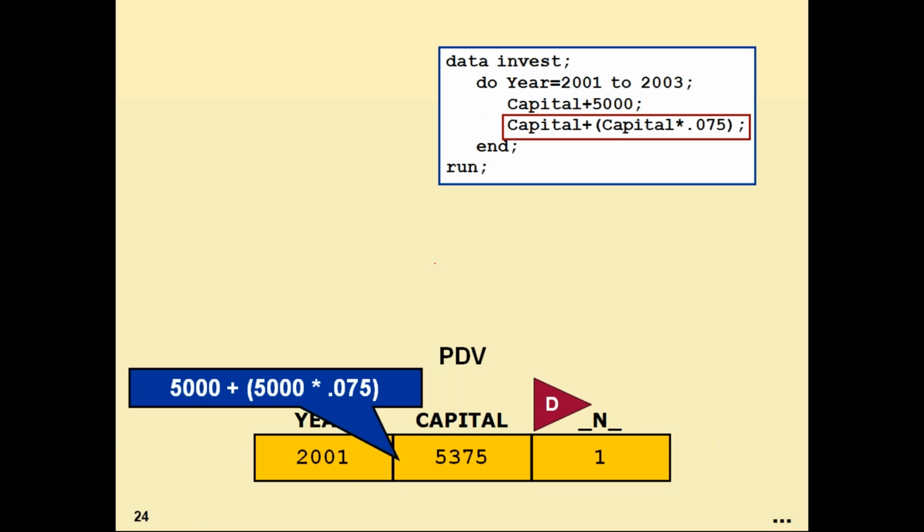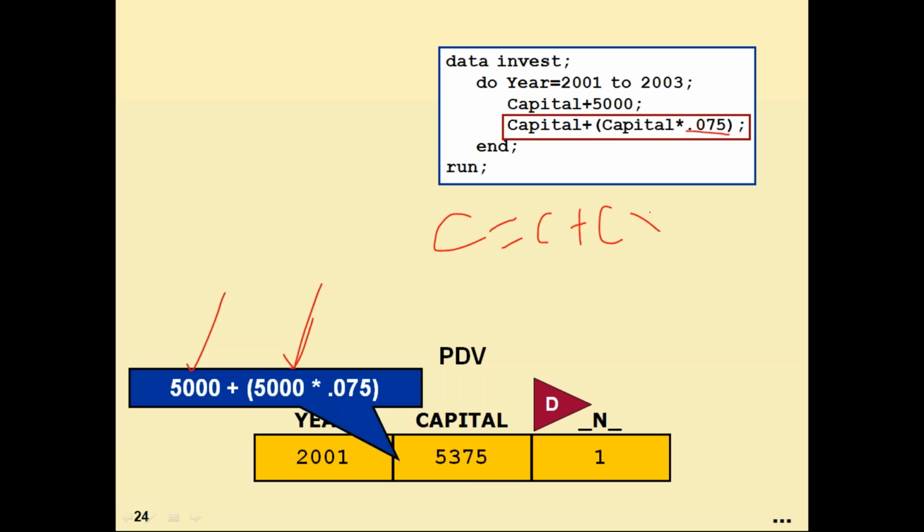Now when it executes the next SAS statement, capital plus capital into 0.075, 5000 into 0.075, whatever you get, this is the interest rate, will be added to capital itself, because capital plus capital into 0.075 means C equals C plus C into 0.075, where C is capital.